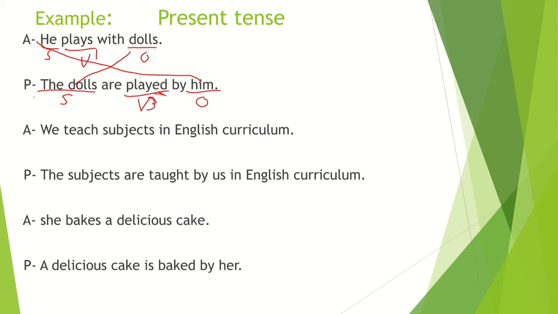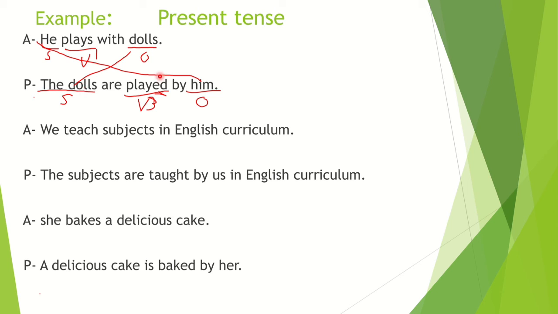Now the auxiliary verb. Here dolls is the plural form. So I have written, the dolls are played by him. Him is the object pronoun. Instead of John, instead of he, I have mentioned here him. So now clear?